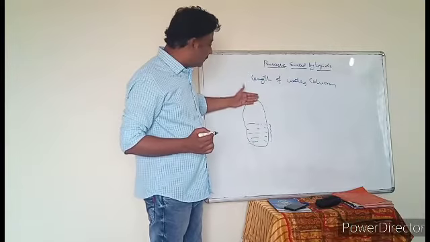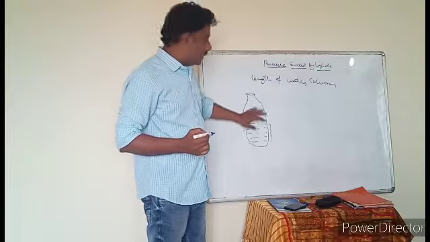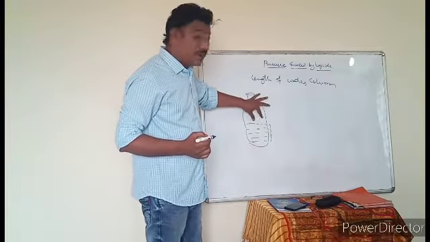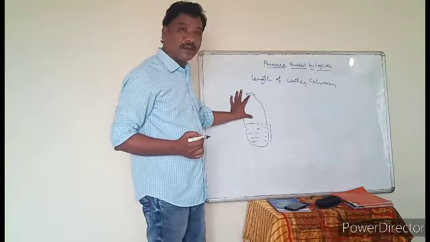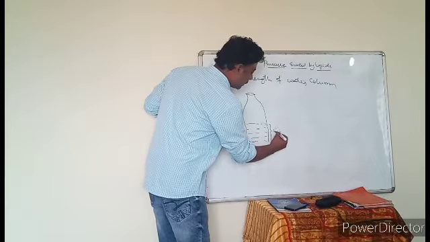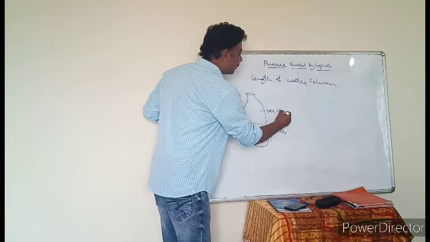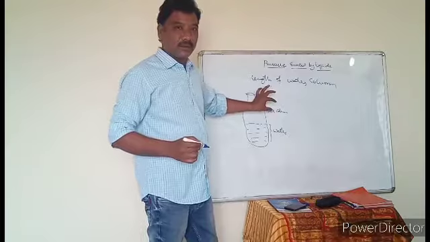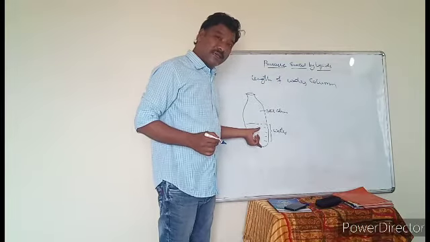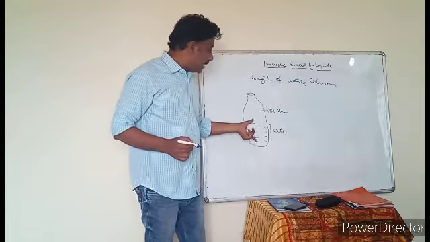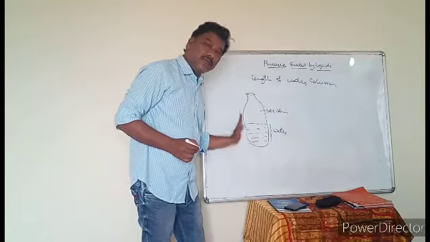Above the water surface, what do we have? Empty space, which is covered by air. This is called the air column. This is the water column, and this is the air column. Here the depth of the water is less. That means the water column is less with respect to the total length of the water bottle.